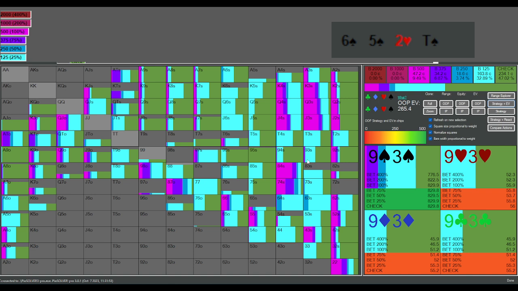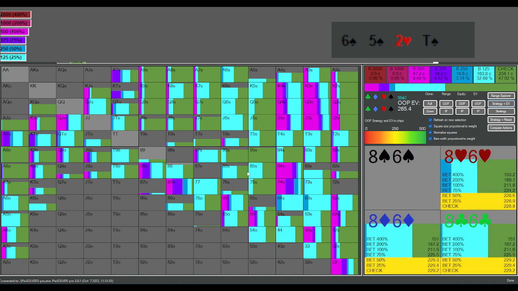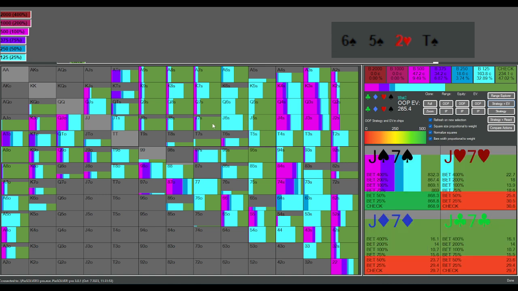So then the expectation of something like Jack 7 is going to be almost the same, just because we're checking to check-fold, or bluffing the river or something, which is already factored into this specific EV calculation for Jack 7. But we're not making anything in this turn probe by betting.